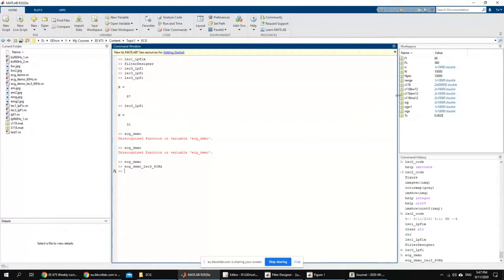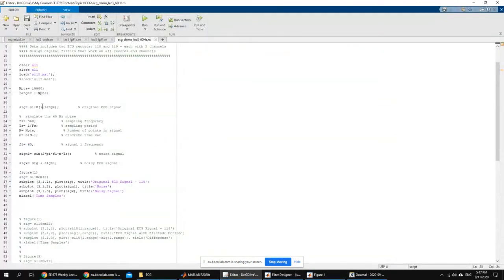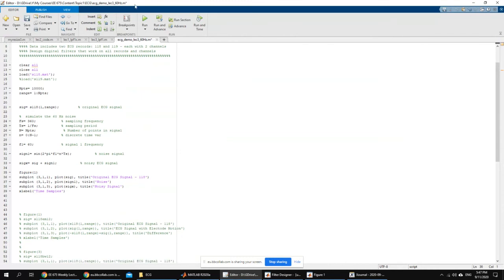So sig is 2 times 10,000, which is kind of strange. It should be only 1 here, in the range of 1, unless I changed that somewhere. Oh, okay. So basically, I had that here and it wasn't supposed to be there.